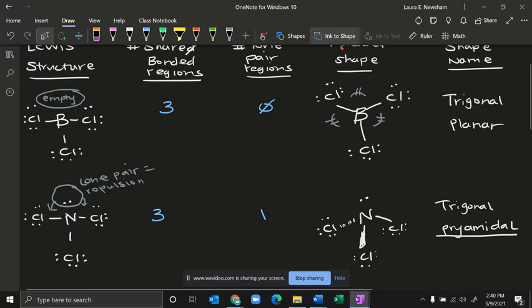So again, I want to re-emphasize the difference here: we have a lone pair on nitrogen, whereas on boron it was just empty. That lone pair caused repulsion, which is why the shape looks different.